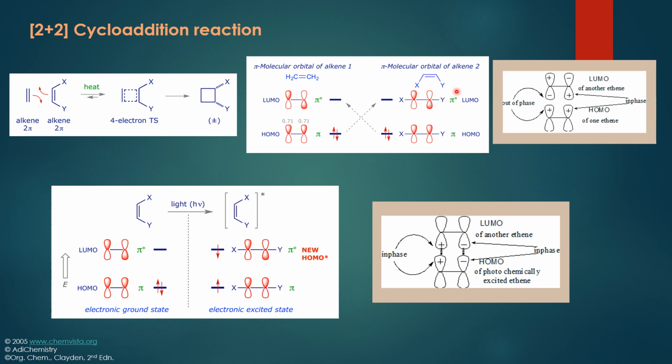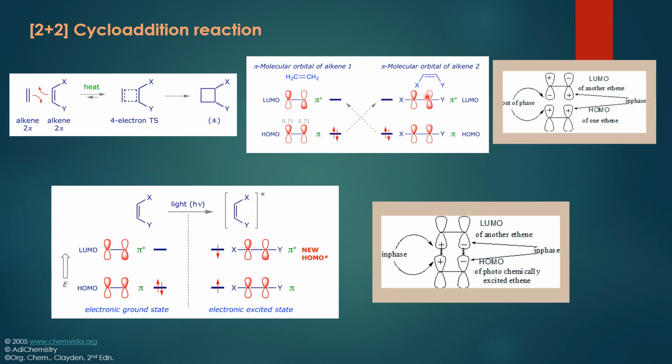Now we can consider what happens with the orbitals. So here we have the HOMO of one alkene interacting with the LUMO of the other alkene.